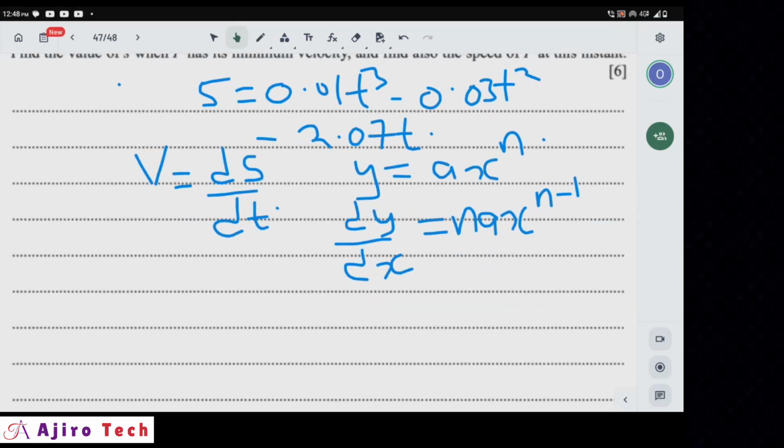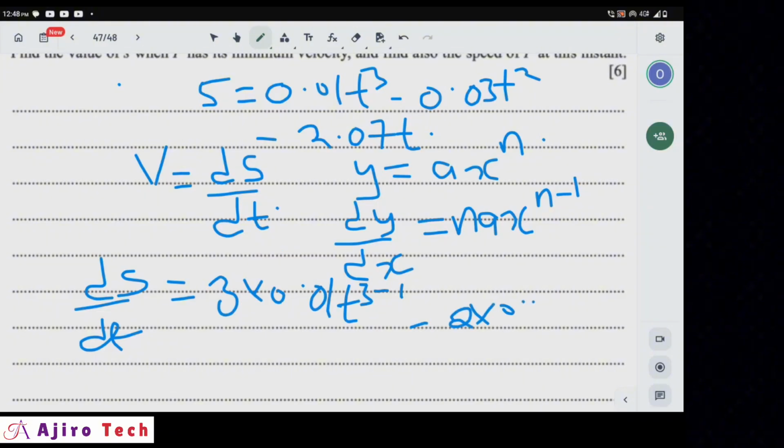So let's start with the first one. I will have that dx over dt will be equal to 3 times 0.01t raised to power 3 minus 1, minus 2 times 0.03t raised to power 2 minus 1, minus 2.07t raised to power 1 minus 1.